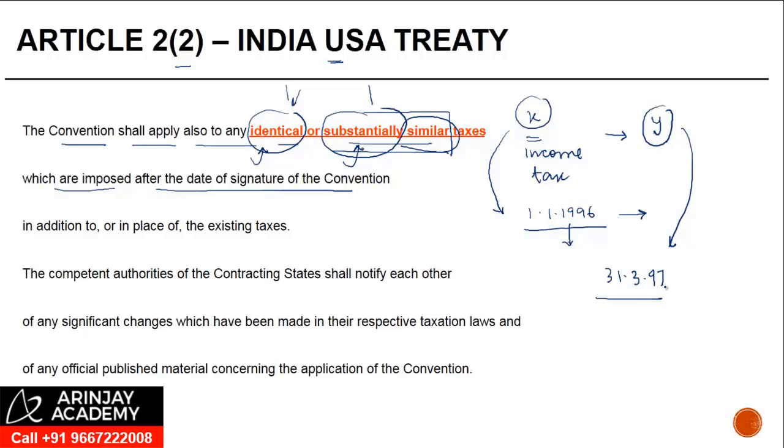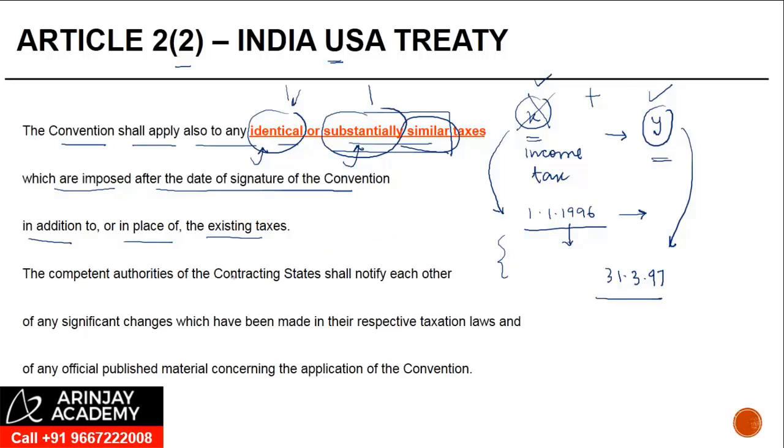Then if it is substantially similar or identical to tax X in terms of manner of computation, the people to whom it applies, then if this new tax is in addition to or in place of the existing taxes, so you can have a situation where X goes off, only Y remains, or both X and Y exist together, right? This article shall also apply to the new tax which is so identical or substantially similar.